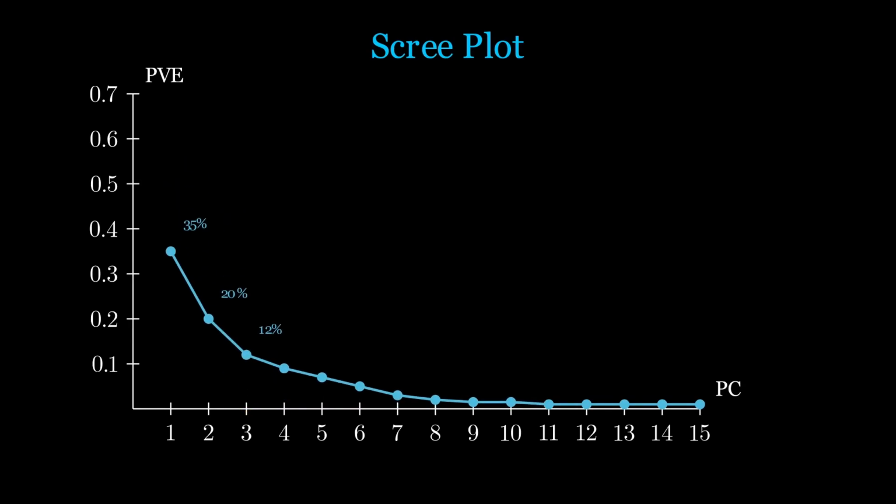However, in many real-world cases, the elbow isn't nearly as obvious. Consider this second example. In a plot like this, the decision is pretty ad hoc. Depending on who you ask, the elbow could be seen at different points. One analyst might say it's at component 3, while another might see it at component 7, making this decision quite subjective.